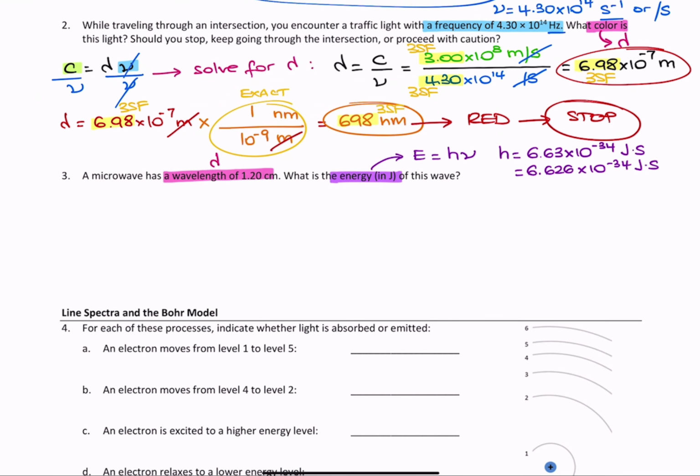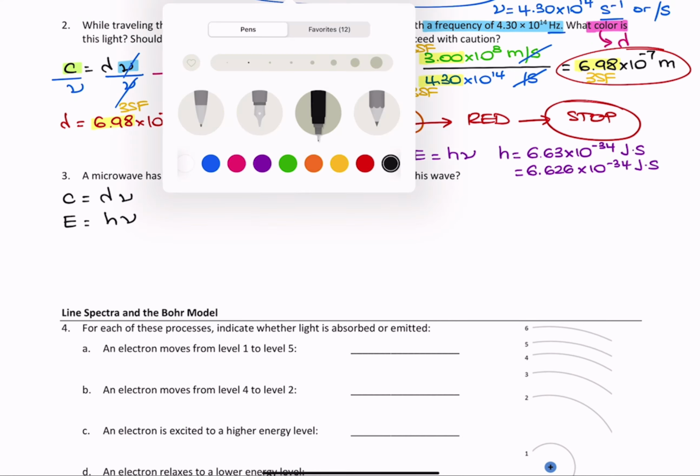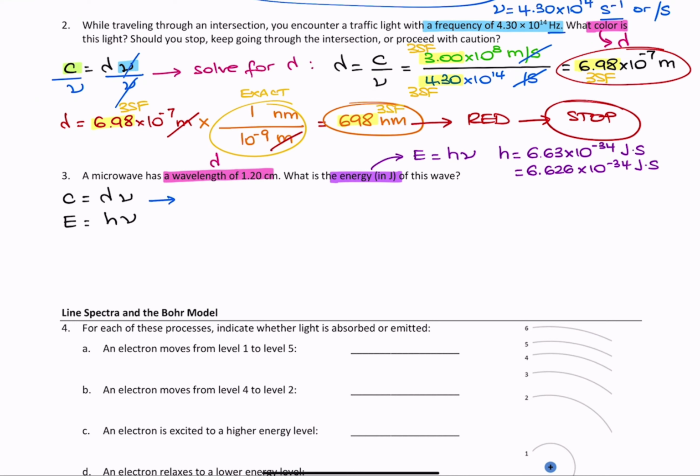So we cannot input the wavelength directly into this equation, but we know that c equals lambda nu and E equals h nu. We can solve the first equation for what we're missing, nu. So nu equals c over lambda.